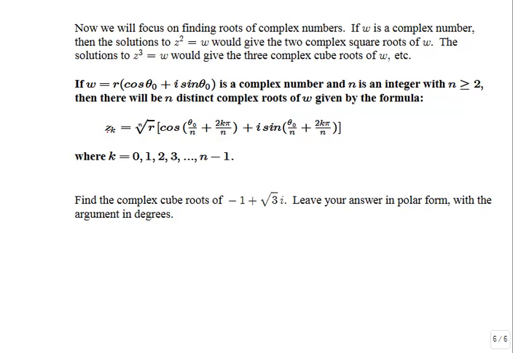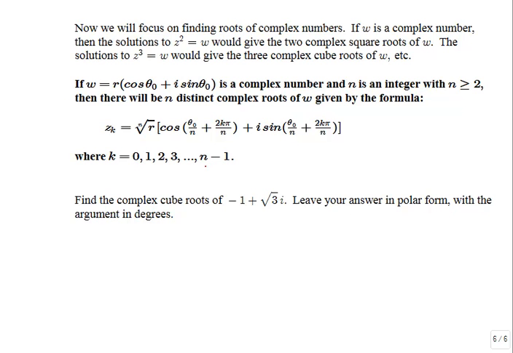So you're going to call them z sub k, and this out front is the nth root of that r, just kind of like what you would expect if you were trying to take the nth root of this complex number. But then look at what happens to the angle. You take theta sub 0 divided by n plus 2k pi divided by n for both the cosine and the sine. And we let k range between 0 and n minus 1.